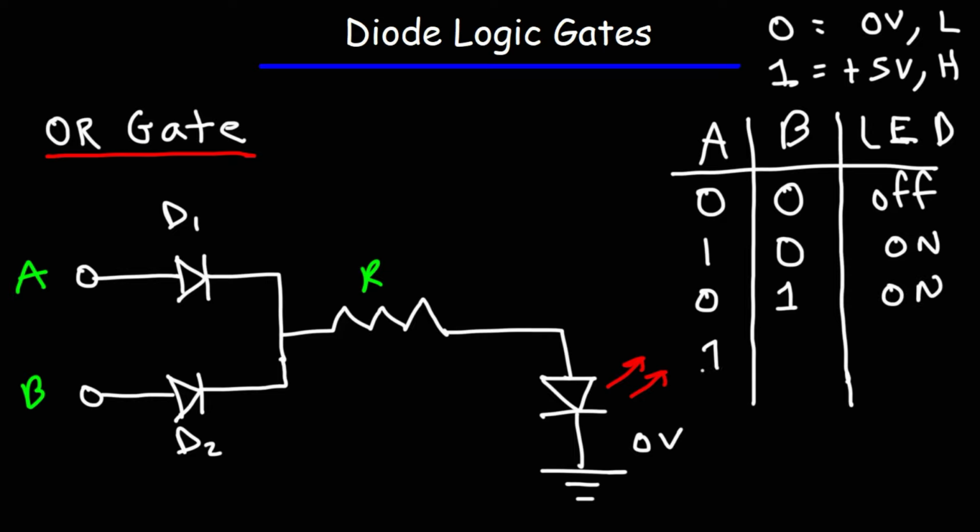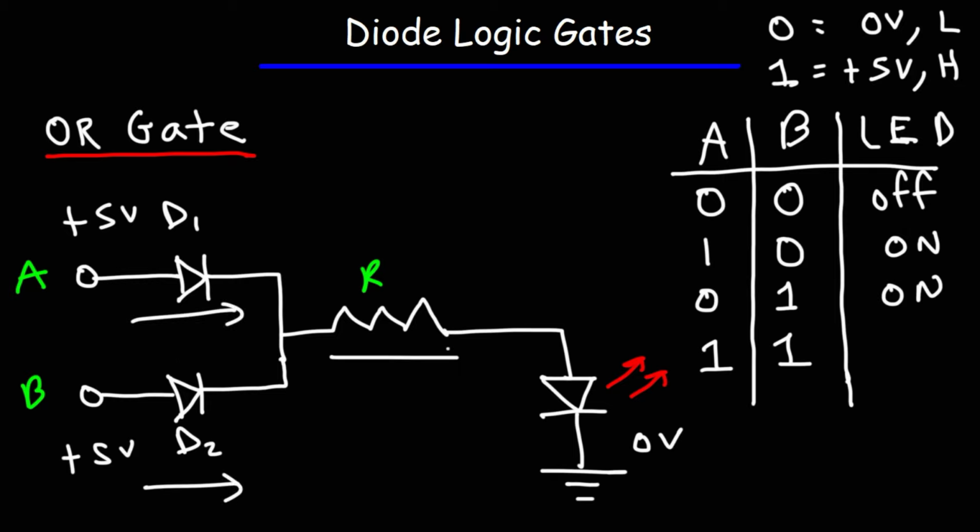Now, if both A and B are on, that is, if they're both at a voltage of 5 volts, current will flow through both diodes, and the LED will be on. So thus, we could see why this is called the OR gate, because if A or B is on, the LED will be on.